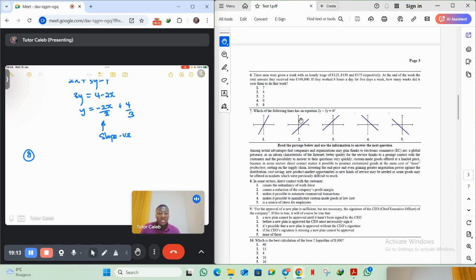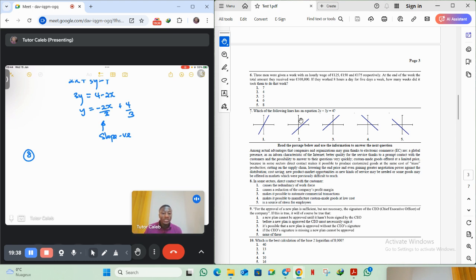When they say that something is sufficient, it means that it is just one of the conditions that has to be met in order for the result to be achieved. But when something is necessary, it means it's the only condition and the only way that the output can be achieved. That means that it is a necessity. It's absolutely necessary to fulfill that condition.